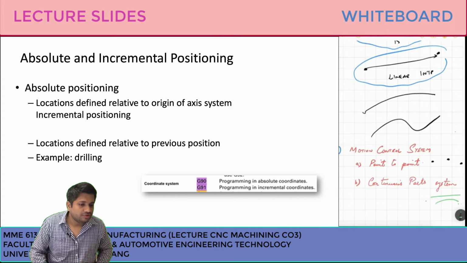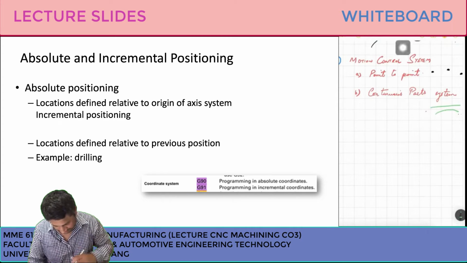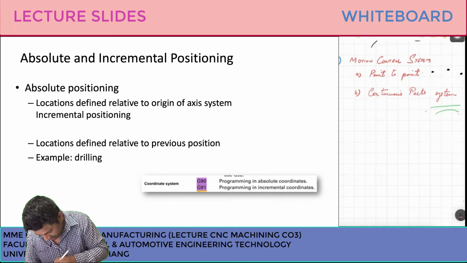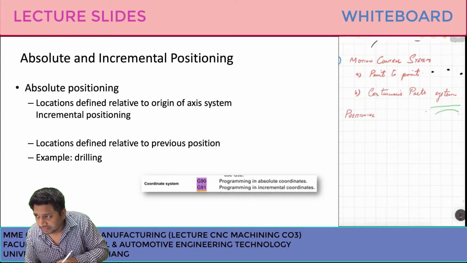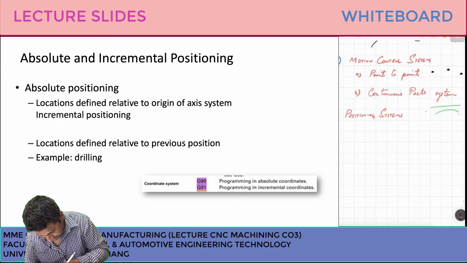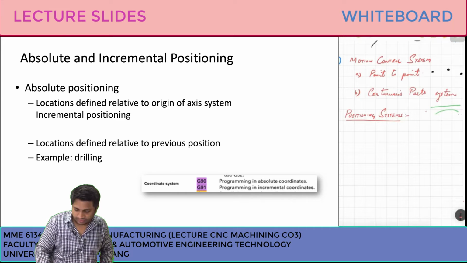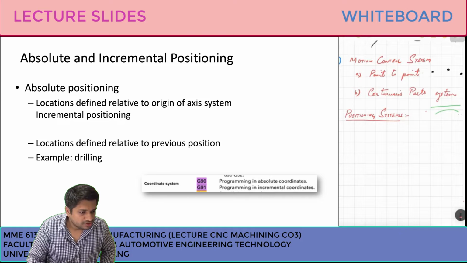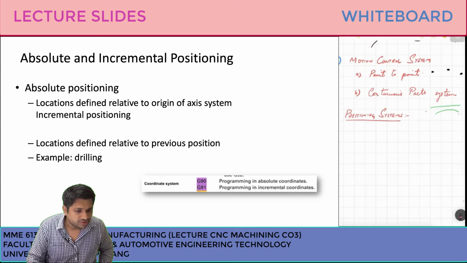Now we move on to positioning systems. Number 2, positioning system. There are two types of positioning systems. Number 1 is absolute and number 2 is incremental.